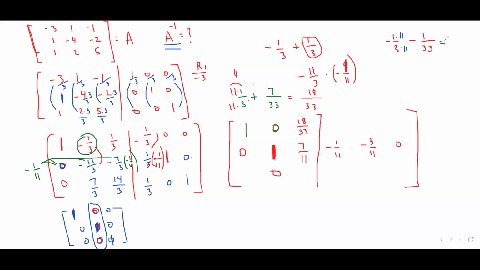Looks like with this tedious exercise, I'm not going to have time to give you a quiz today. Well, at least you will enjoy some of this algebra of matrices. So it's negative 11 minus 1 is negative 12. Okay, negative 12 over 33. Should I keep it like that, or should I reduce it?